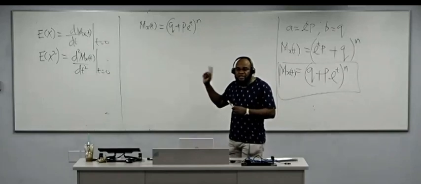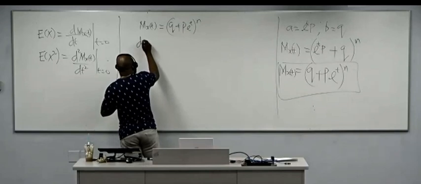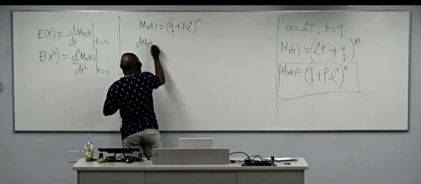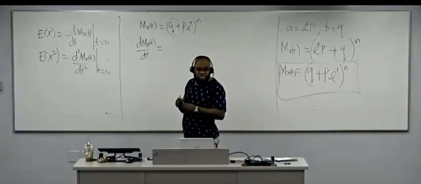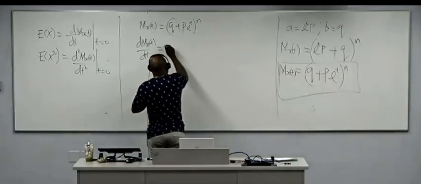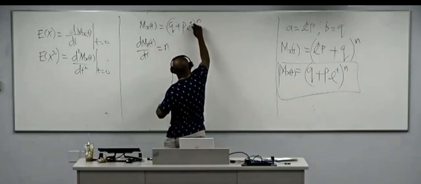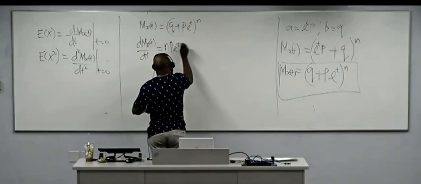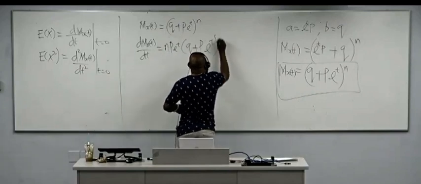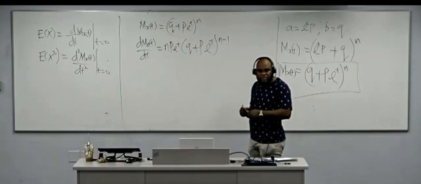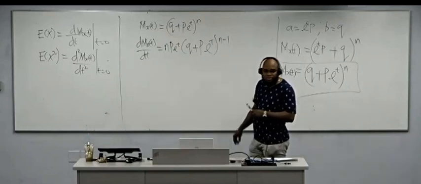How do you differentiate a function of a function? So dM_X(t)/dt is going to be, don't forget, I'm differentiating with respect to t. I'm going to have n, block it, then differentiate what you have inside with respect to t. That will be this guy. I'm going to rewrite the whole thing. Then this is going to be that. Then what am I going to do next? Plug in t equal to 0.